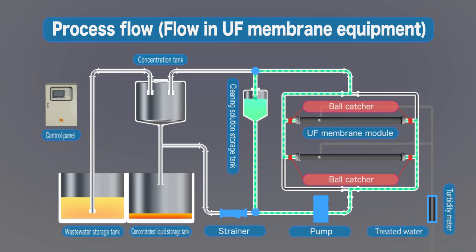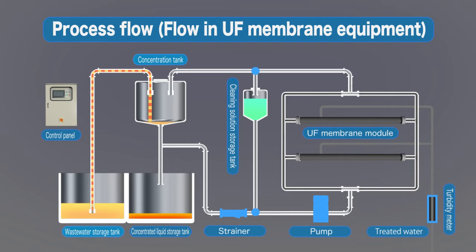There is also effective cleaning performed by the sponge balls at this time. This completes one batch process. Once wastewater has accumulated in the wastewater storage tank, it is automatically transferred to the concentration tank and then treated again.